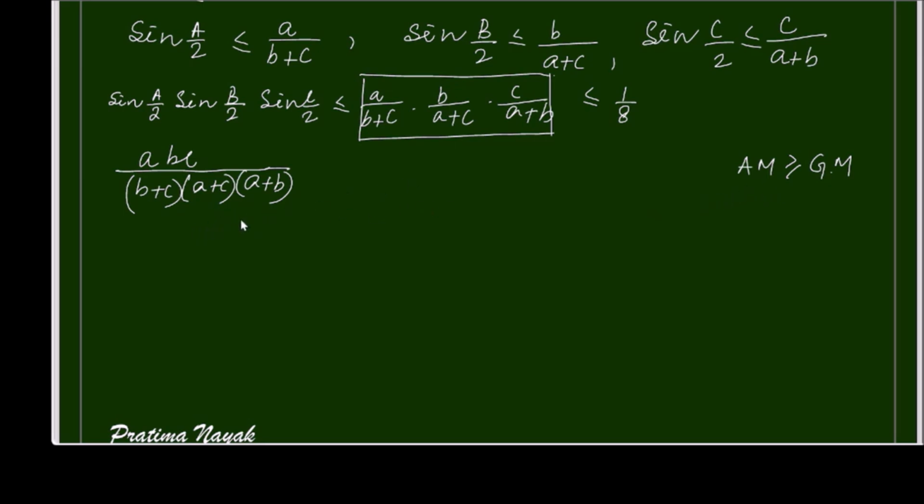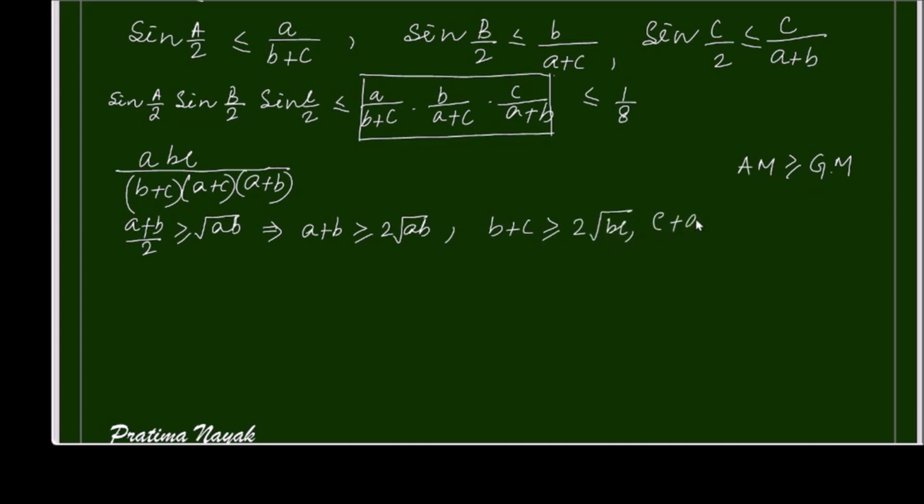That means (a plus b) by 2 is greater than or equal to the square root of ab, that is the geometric mean, or a plus b is greater than or equal to twice root ab. The same way b plus c is greater than or equal to twice root bc, and c plus a is greater than or equal to twice root ac.